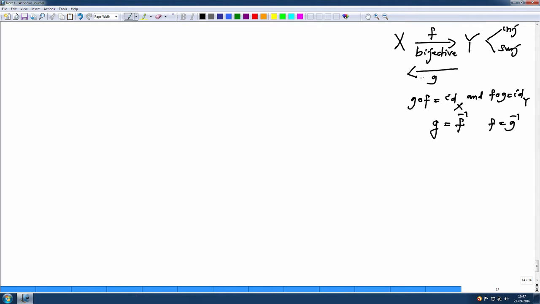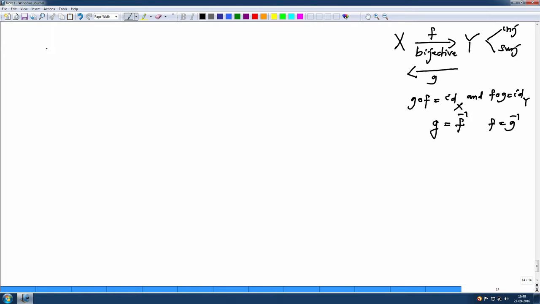Sometimes it is easy to write down the formula for G, but sometimes it may not be easy, and it is always better to give a formula, as that will give you algorithmic proofs. So I am going to produce a map in the other direction.